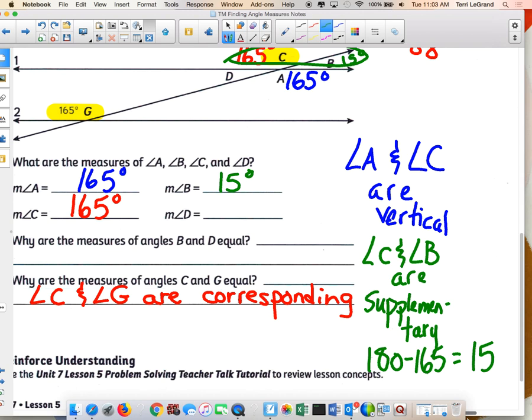And D is the one we need to find yet. So what relationship do B and D have? Class? They are vertical. So angle B and angle D are vertical. Good news, we don't have to do a subtraction problem. We get to say the measure of angle D is 15 degrees.